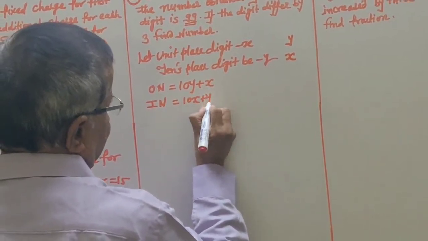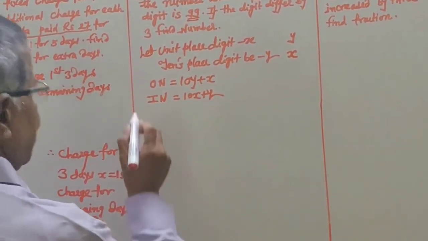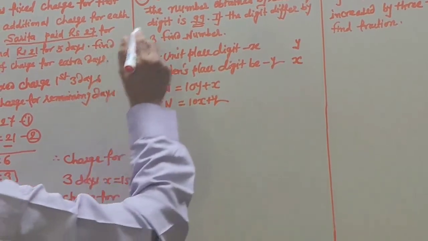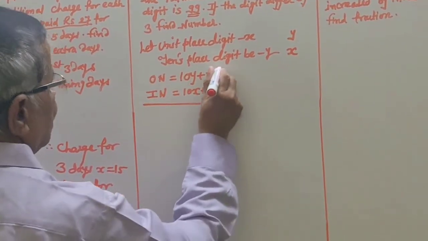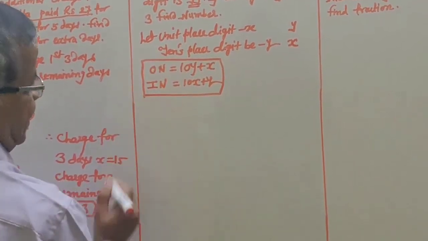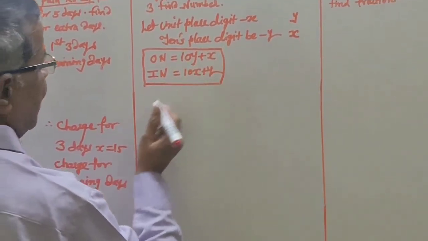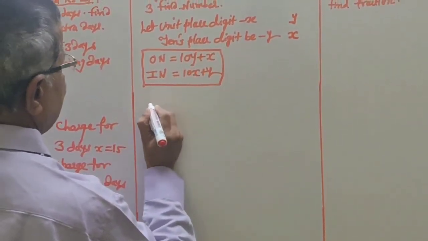This is compulsory for every problem which is given in the form of a two digit number. You must know this one. Original number is 10Y plus X and interchanged number is 10X plus Y. So I am applying the first condition.